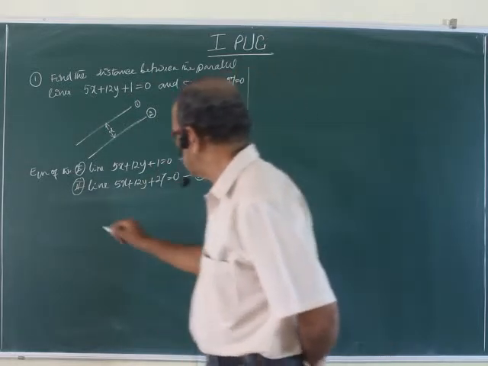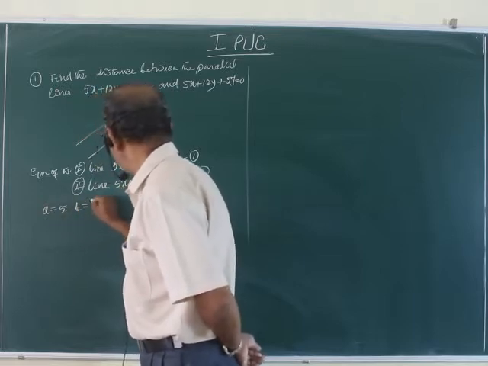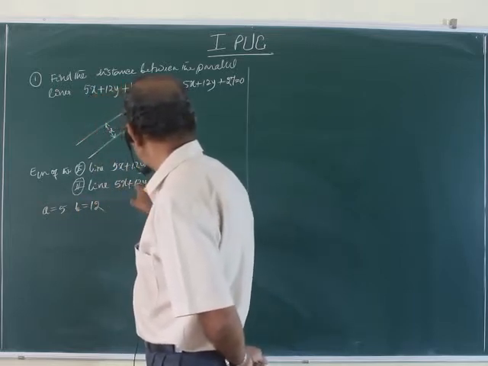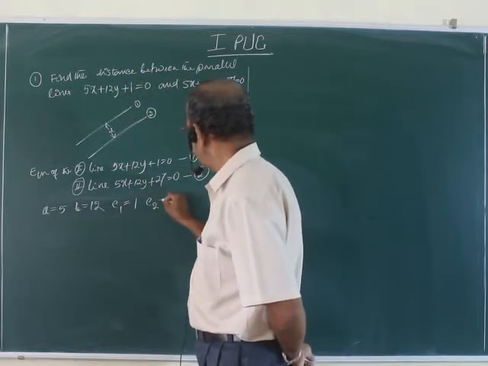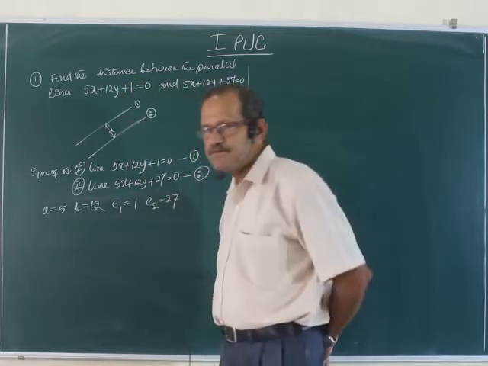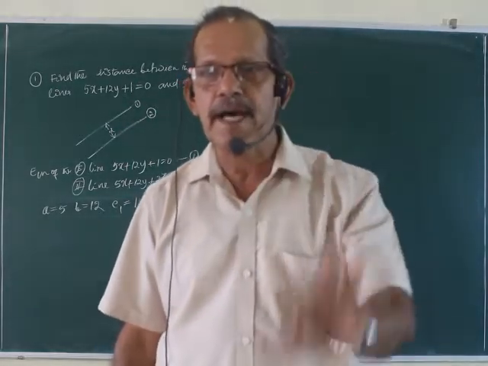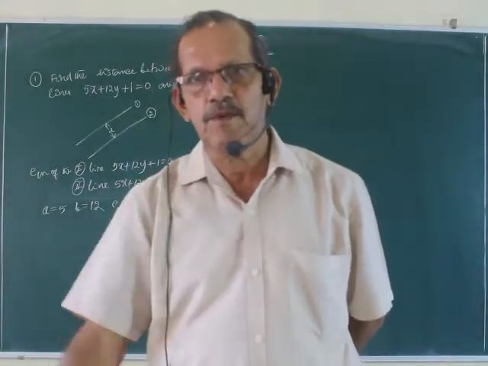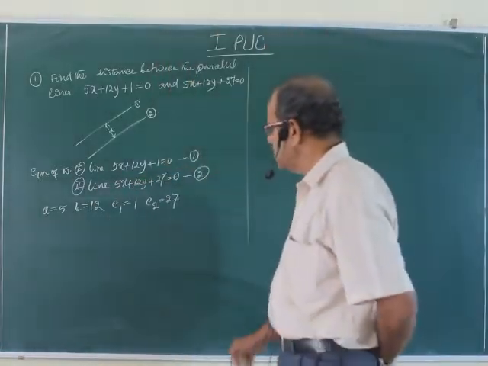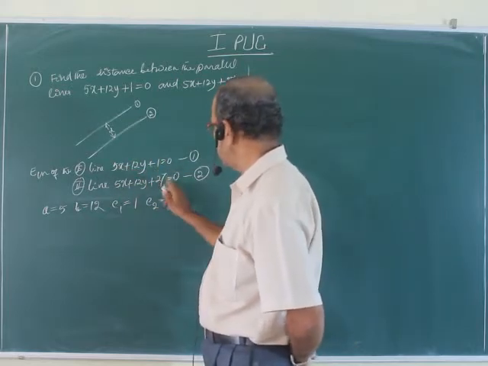A equal to 5, B equal to 12 common, but C1 is 1, C2 is 27. Remember, the constant term differs for the parallel lines. Coefficient of x and y same, no change.